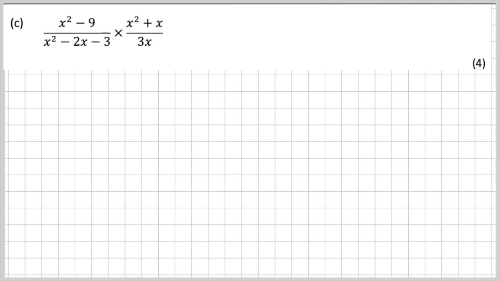x squared minus 9 over x squared minus 2x minus 3 multiplied by x squared plus x over 3x. When I look at these sums, ladies and gentlemen, I am multiplying fractions with one another, which means I have to factorize.